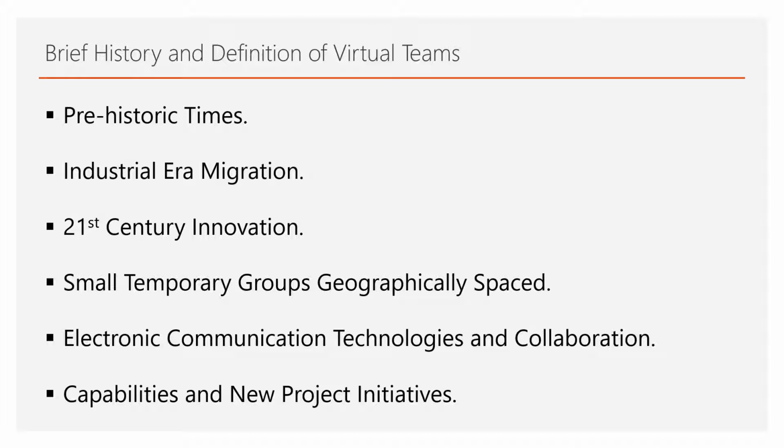Okay. So in a brief history of virtual teams, we're looking at prehistoric times. We're talking about the nomadic times. So we're going back to times where there were tribes of people, and basically the hunters in those tribes were provided information on how the survival of the tribe would go forth from the chief.